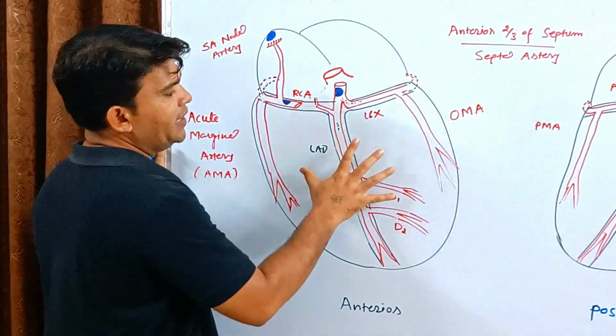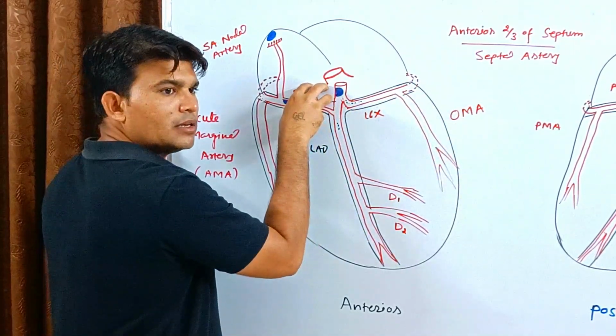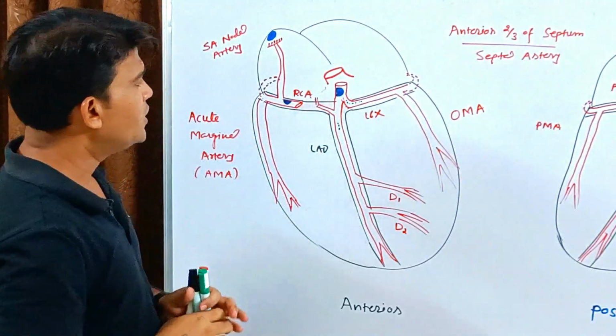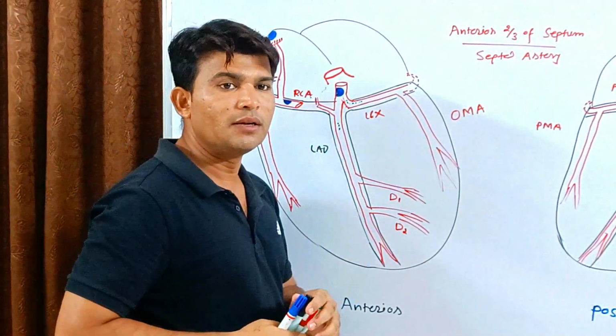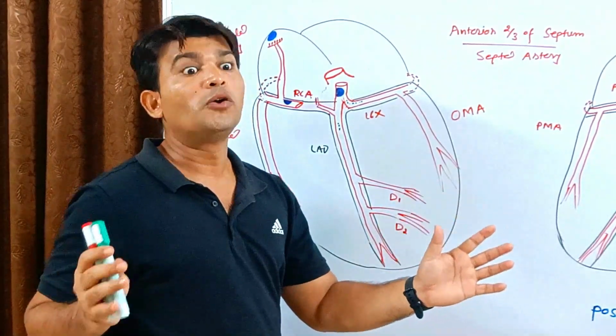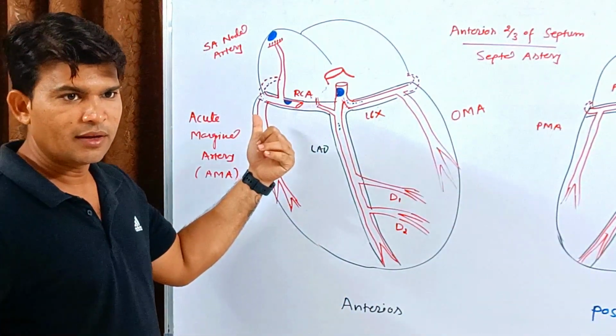It will cover the anterior part of the heart, the lateral wall, and even the septal wall of the heart, right? So in that case we will have a large anterolateral wall MI with septal involvement, right?